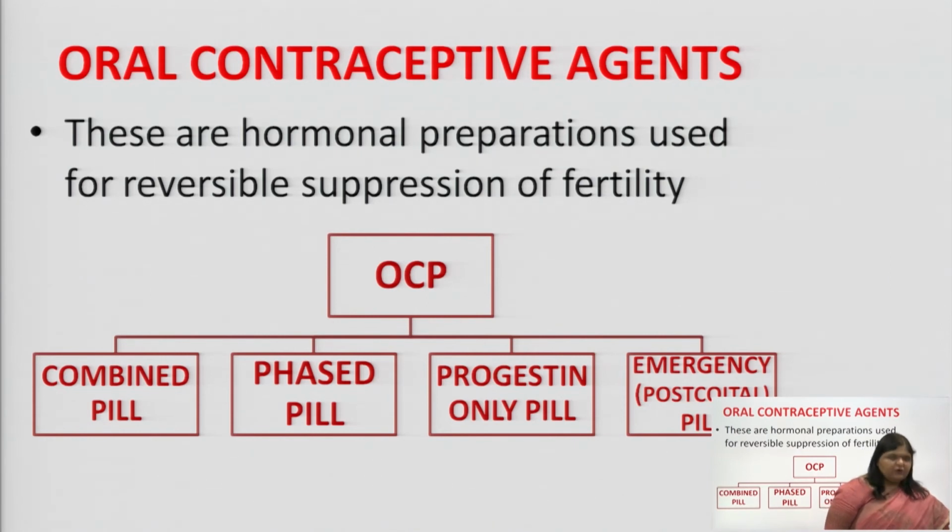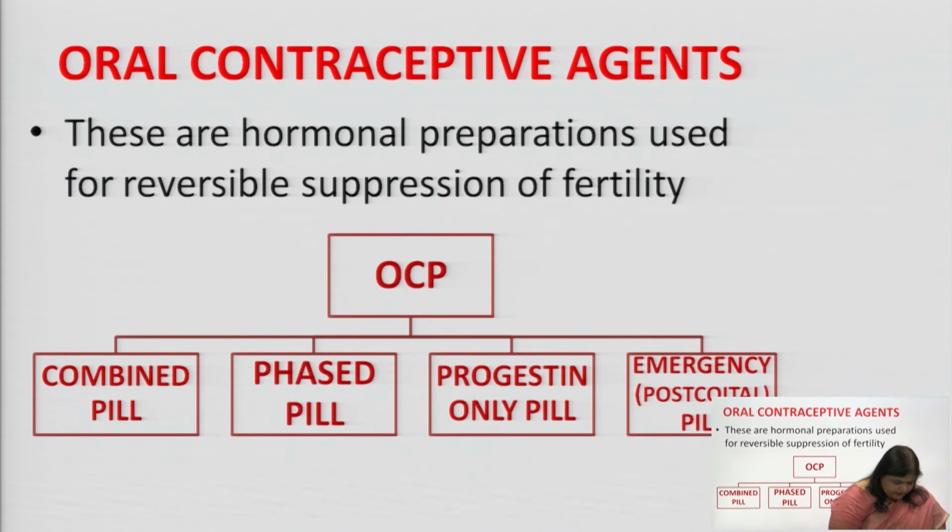These oral contraceptive pills are of 4 types. One is the combined pill, then the phased pill, the progestin-only pill, also called the mini pill, and another type is the emergency pill, which is also called the post-coital pill.